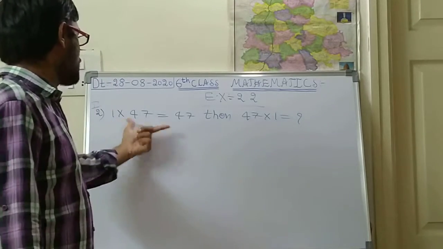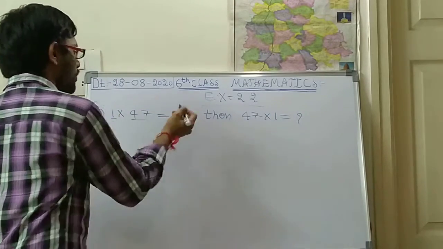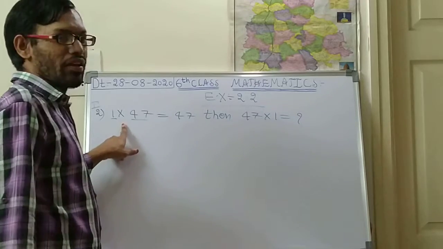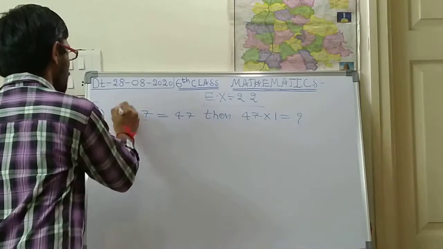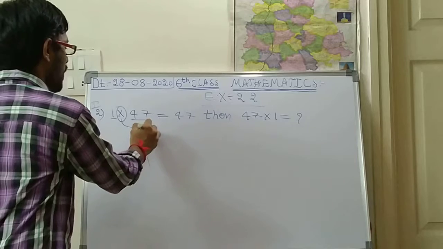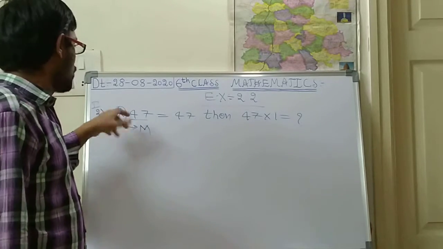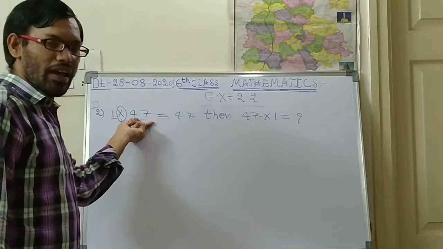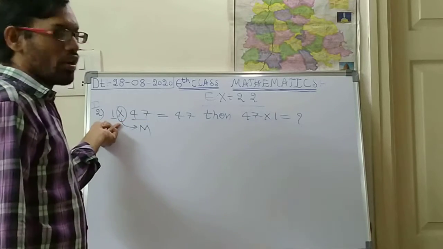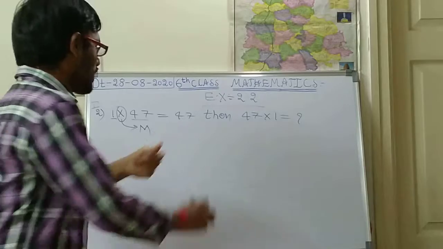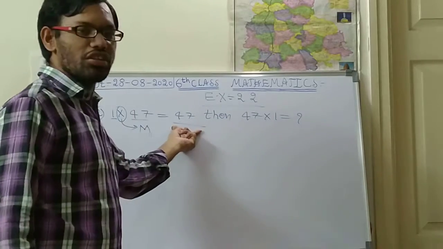So 1 into 47: you are multiplying 1 with something. What is the symbol here? The multiplication symbol. Multiplying a whole number with 1, the result is also a whole number.